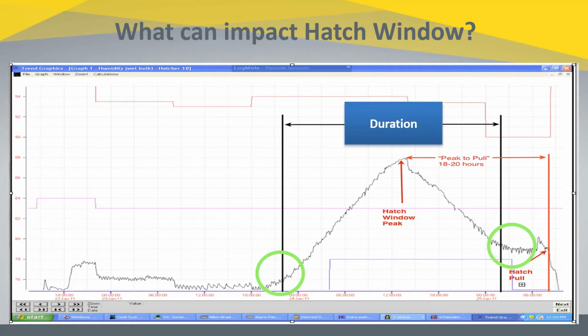This is my hatch window duration. And ideally this happens within a 20 to 26 hour time period total. And so the shorter this duration period is, a stronger indicator that you're more consistent with your incubation parameters.